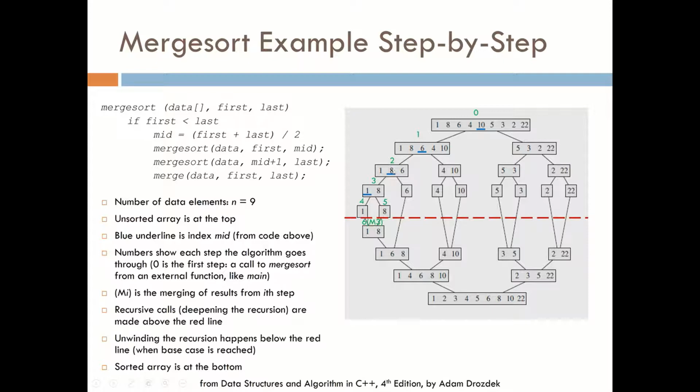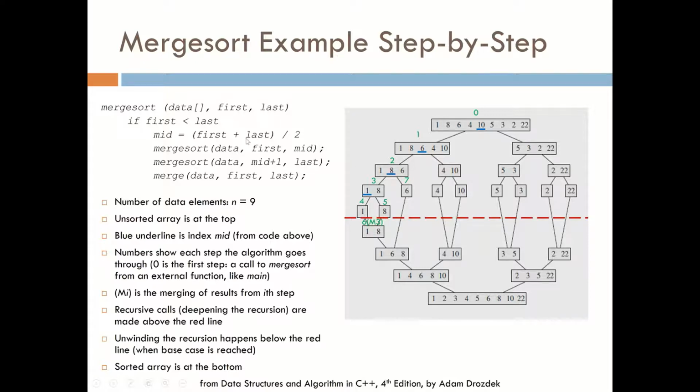Well, what have I done there? I calculated mid and I went to the left, so I now go right. And it turns out that there's only one element there. And so first is not less than last. It's actually equal. So the recursion unwinds back to the function instance at step 2. And I ask myself, what have I done?